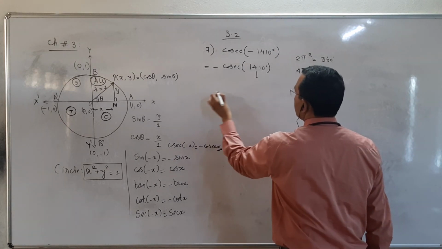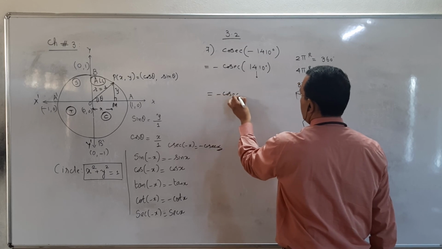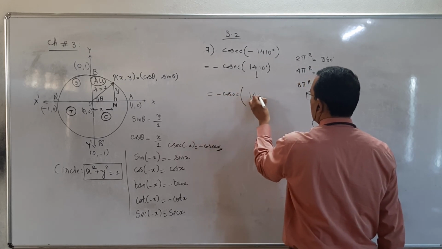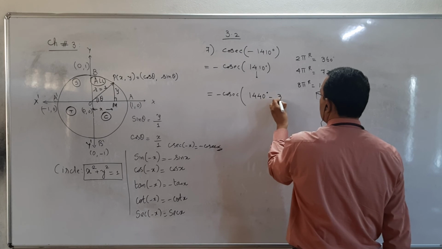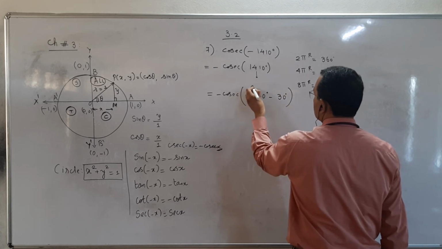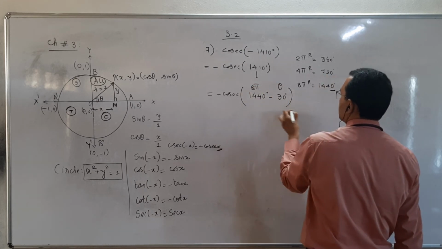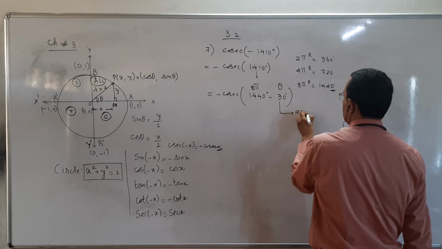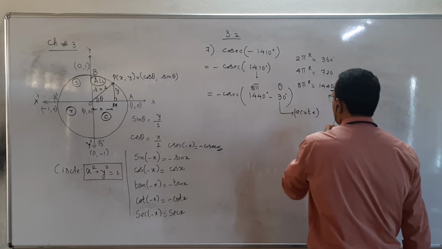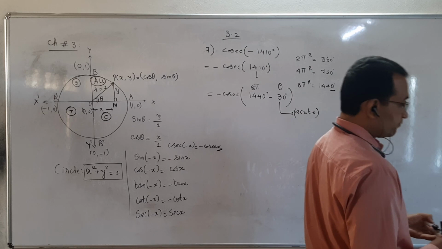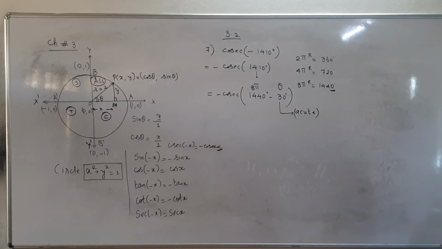So this is replaced as minus cosec of 1440 degree minus 30 degree. So this is 8 pi minus theta, and we can consider this as theta, and this theta must be always acute.